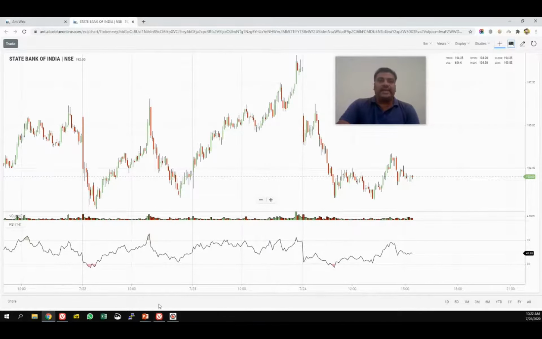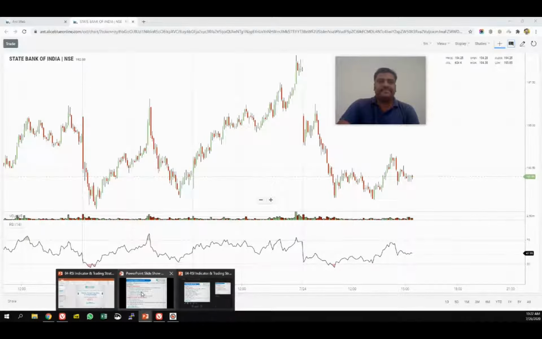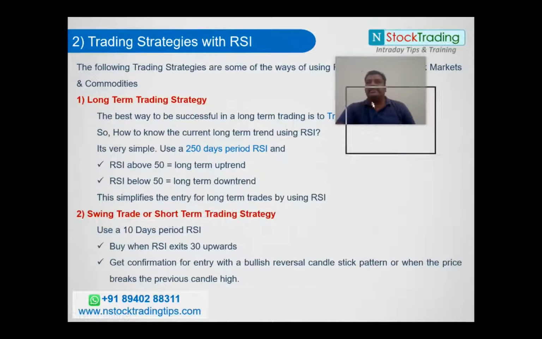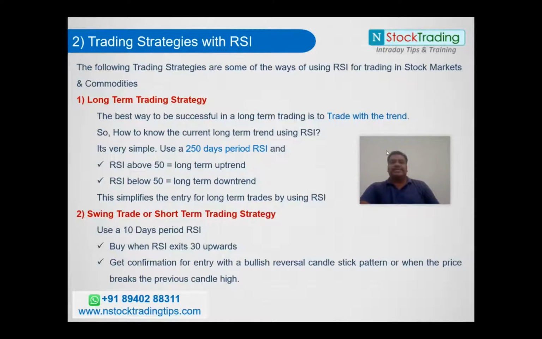Now let's get back to our strategy. This is a long-term trading strategy. We take the 250-day period RSI, and any RSI value above the 50 line means a long-term uptrend.